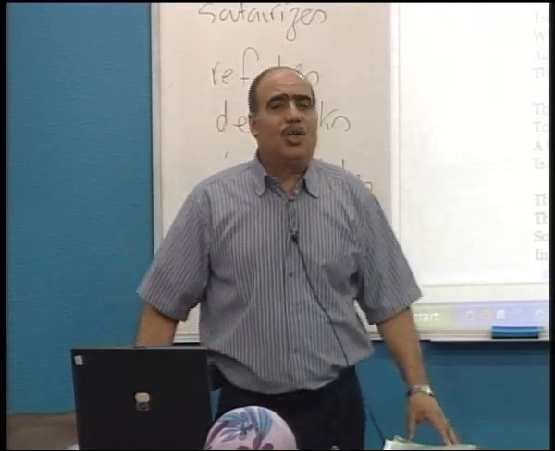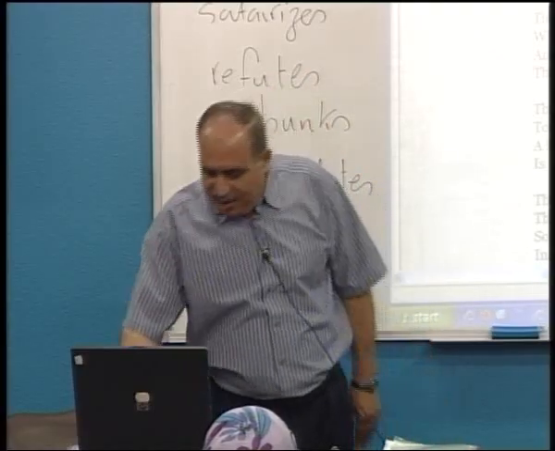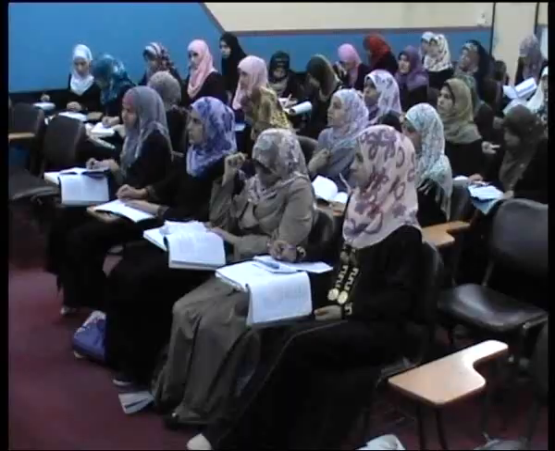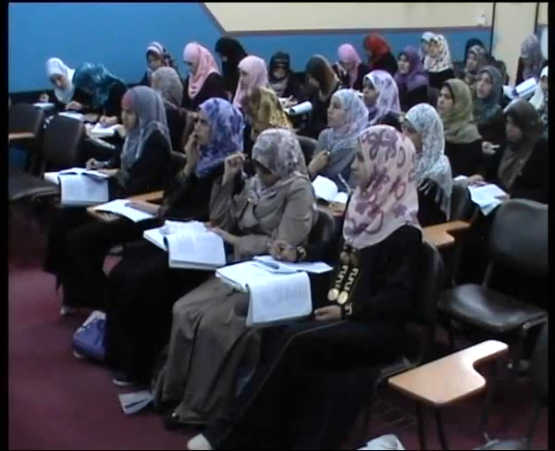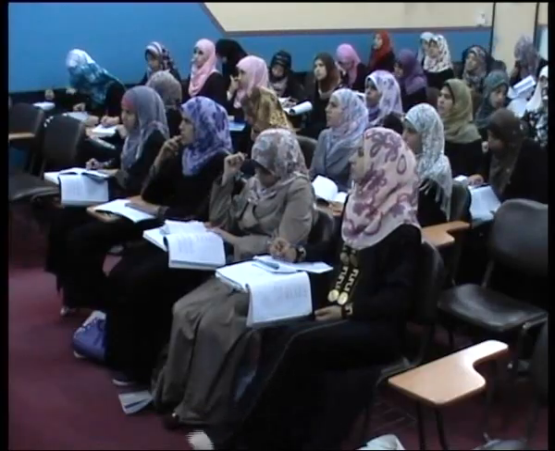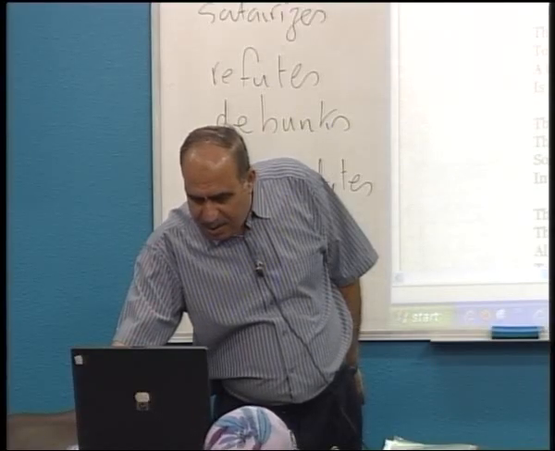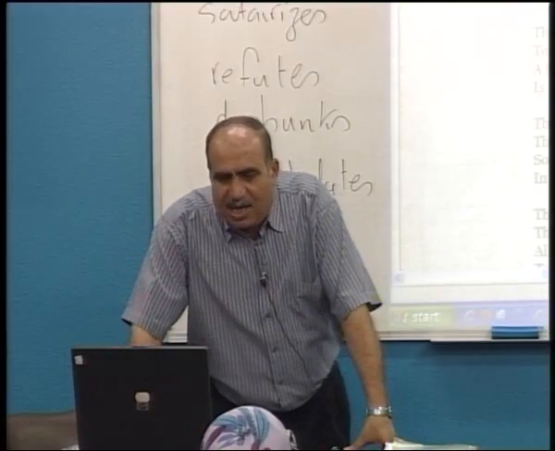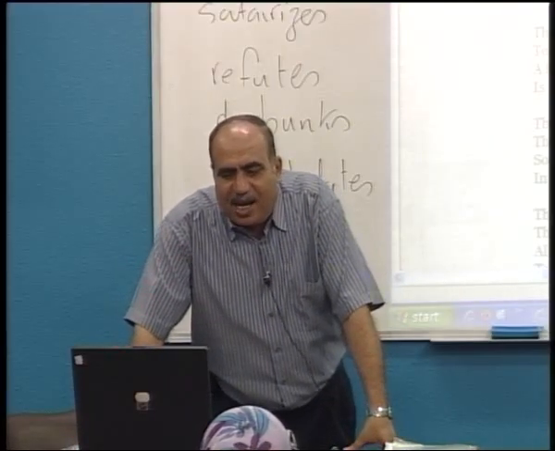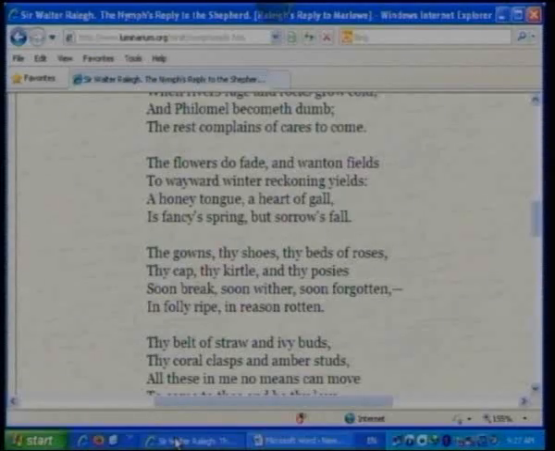What about the image of rottenness? Like here. What will happen? The forest. Yes. Like thy gowns, thy shoes, thy bed of roses, thy cap, thy kirtle, and thy posies soon break, soon wither, soon forgotten, in folly ripe, in reason rotten.